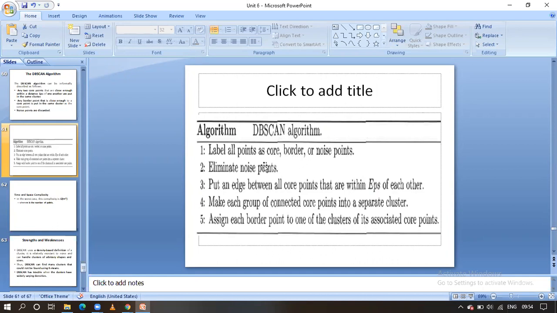This is the overall explanation of DBSCAN, guys. Write down this algorithm, it will be helpful for you.